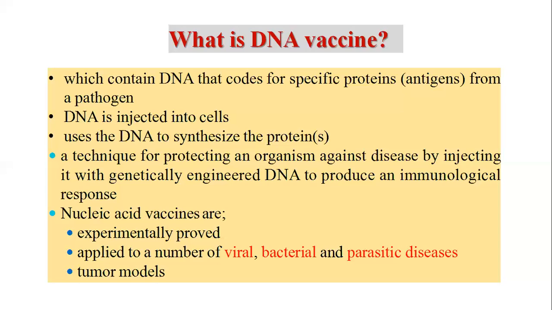Now, nucleic acid vaccines or DNA vaccines are experimentally proved and applied to a number of viral, bacterial, and parasitic diseases. And also, nowadays, scientists are trying these DNA vaccines for the treatment of different types of tumors and cancer. So they are applying it in tumor models also.